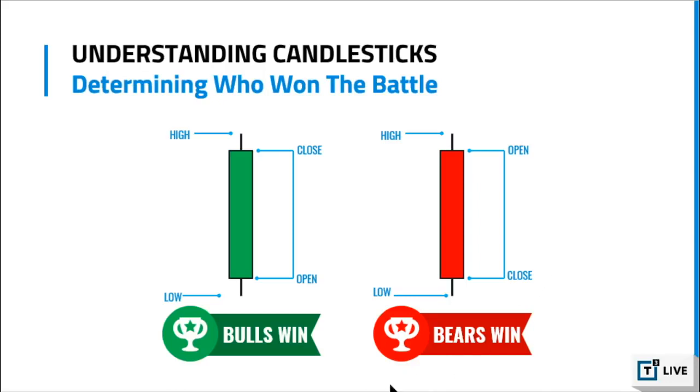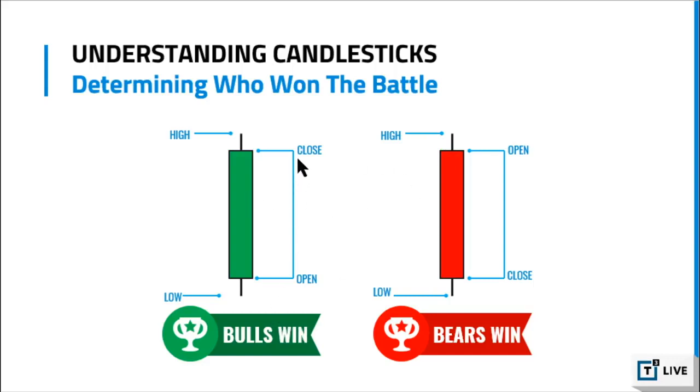There are 5 things to be aware of when it comes to a single candle. The first are the high and the low, which are the same whether it's a red or a green candle. The highest high and the lowest low on the candle are the same, whether it's green or red.